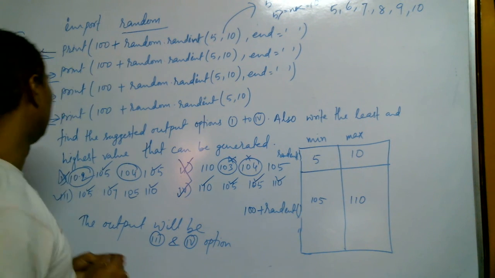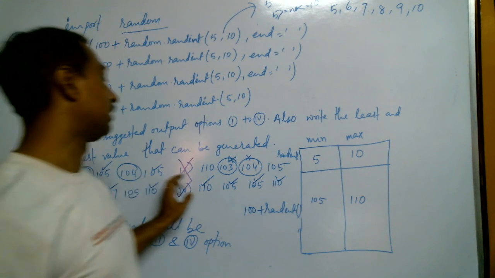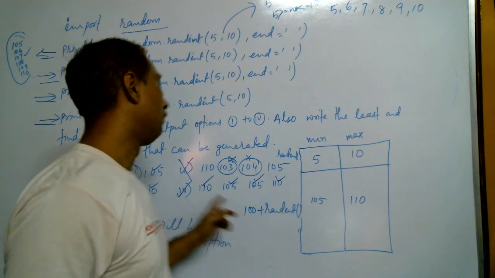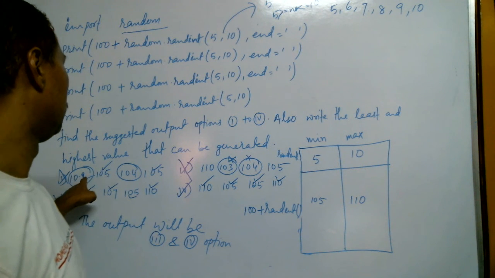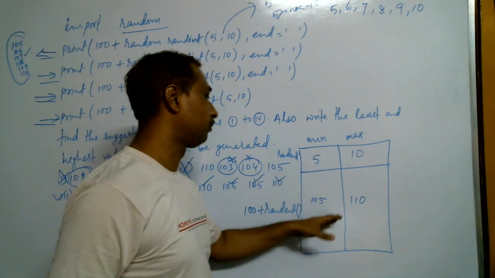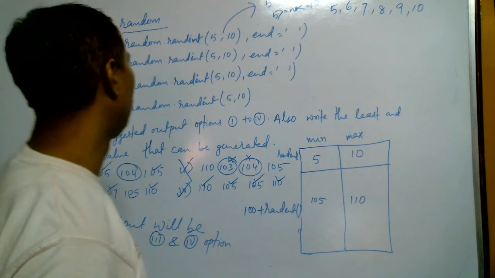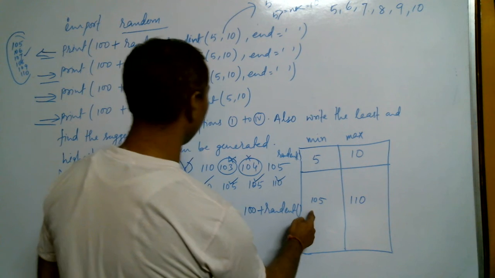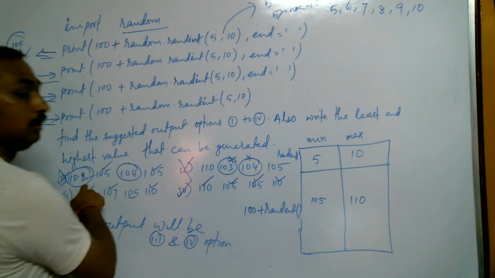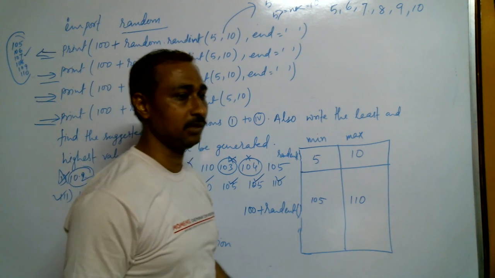Why have you not selected the first one and second one? For that also you can write one statement on why you have discarded these options. But don't explain that much, because from the minimum and maximum value it is already clear that the value cannot be less than 105, and the values given in the first and second options are lesser than 105. That's why they will not be acceptable.